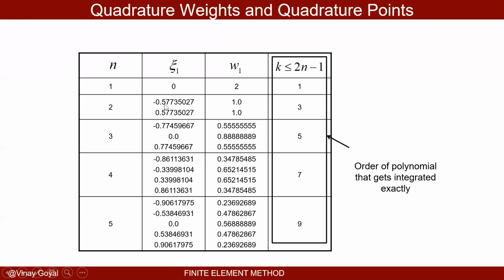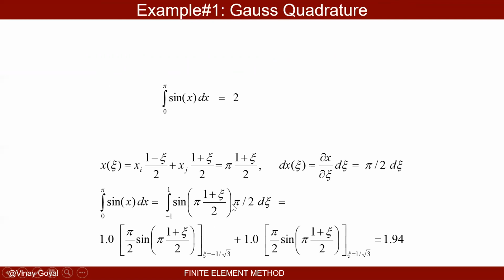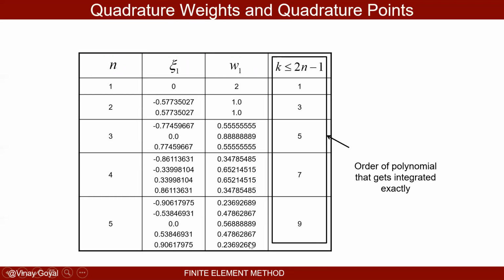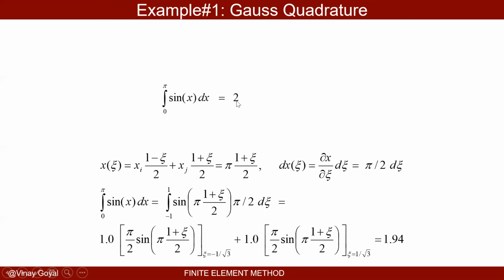It's the same thing. And then I evaluate this whole thing at plus 1 over square root of 3 with a weight of 1. That comes from here as well. If I evaluate the whole thing, it's 1.94, which is pretty close to 2. In fact, it's actually pretty nice because 0 to pi is not a small domain, and I'm able to get pretty close. It's not too far.